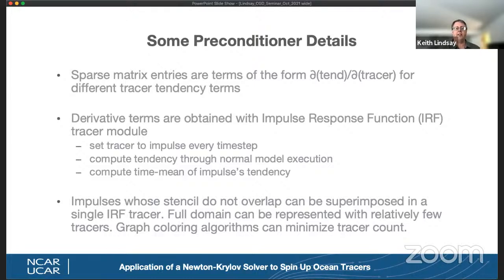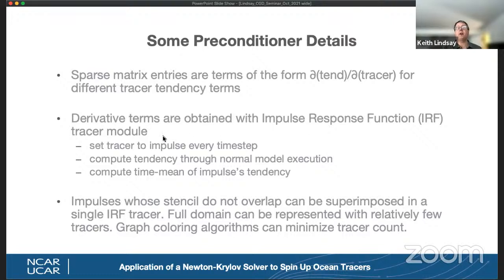And so this is telling you something about the model's operators: the advective, diffusive, lateral diffusion, and vertical mixing, and for things with source sink terms, the derivatives of the reaction terms with respect to the tracers.